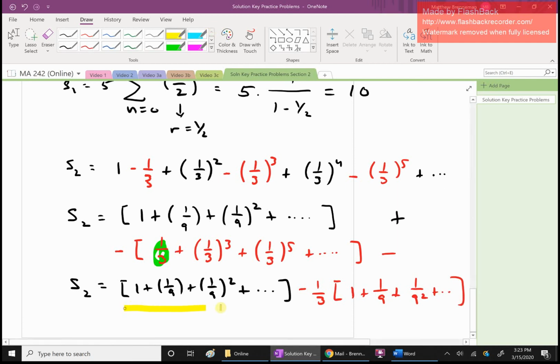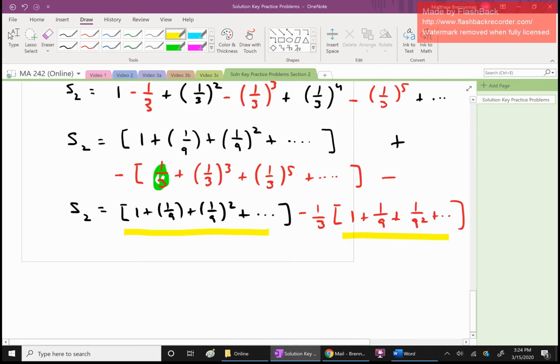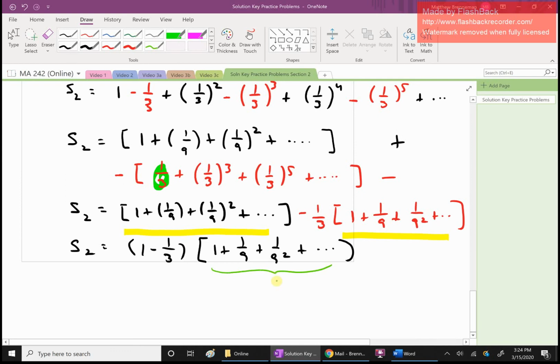And now I notice I have the same infinite series. It happens to be a geometric series, right, in both terms. So I factor out, and S2 is going to be 1 minus 1/3 times 1 plus 1/9 plus 1/9 squared plus dot dot dot. And this is clearly a geometric series where r is equal to 1/9.